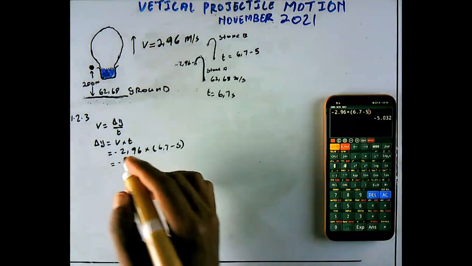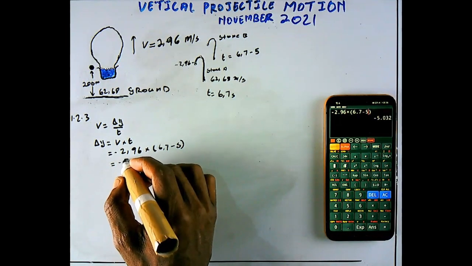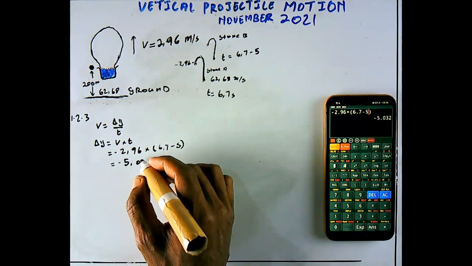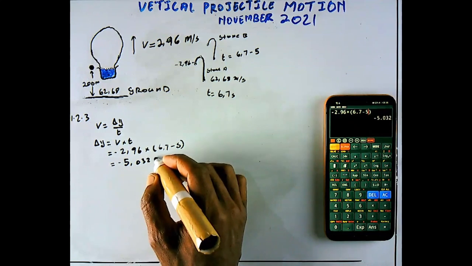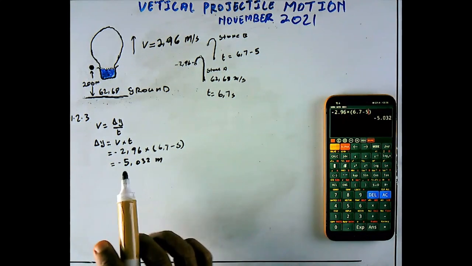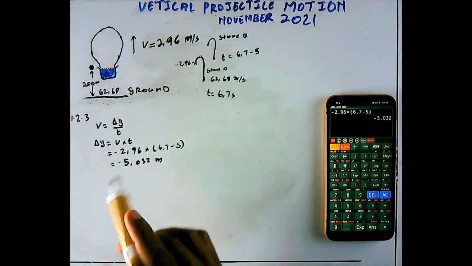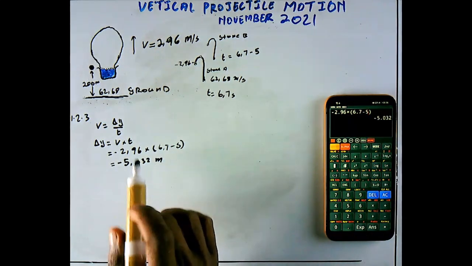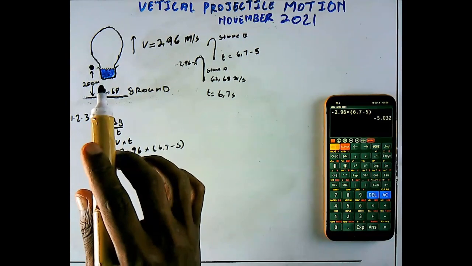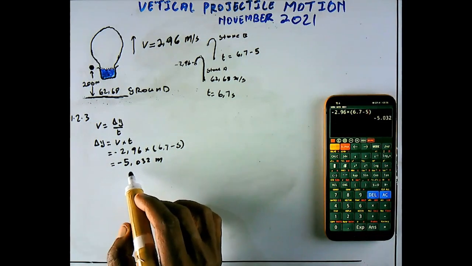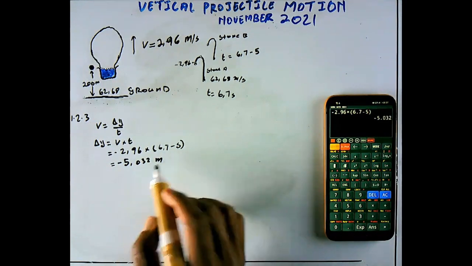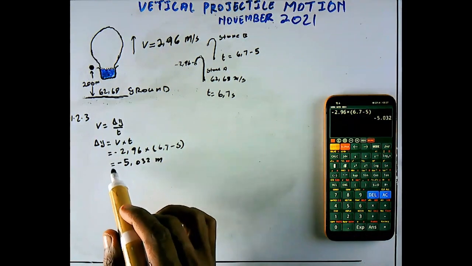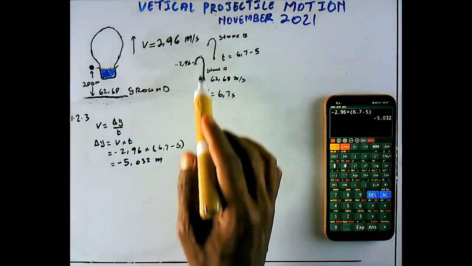So here we get negative 5.032 meters, because we said when something goes upwards it's negative, so this negative only tells us the direction, that the hot air balloon is going up. So actually the answer is 5.032 meters. So now you can find the distance moved by stone B.